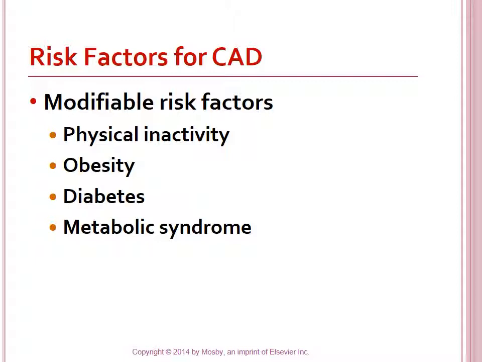Then you have obesity. The mortality rate of CAD is statistically higher in obese persons. Obesity is defined as a body mass index of greater than 30 and a waist circumference of greater than 40 inches for men and 35 inches for women. The increased risk for CAD is proportional to the degree of obesity.